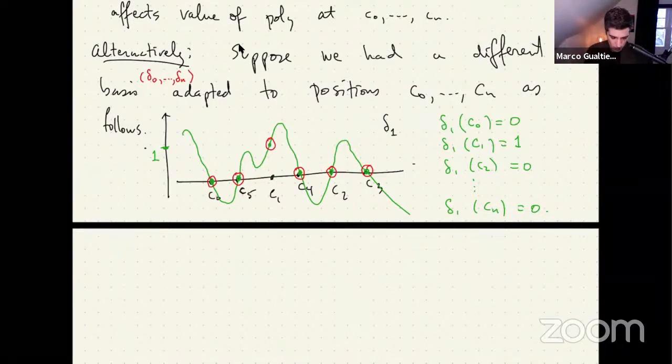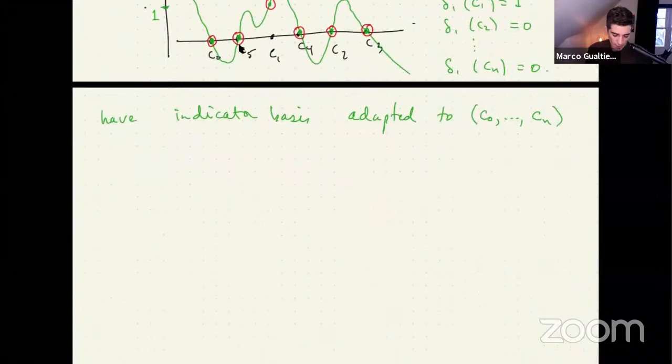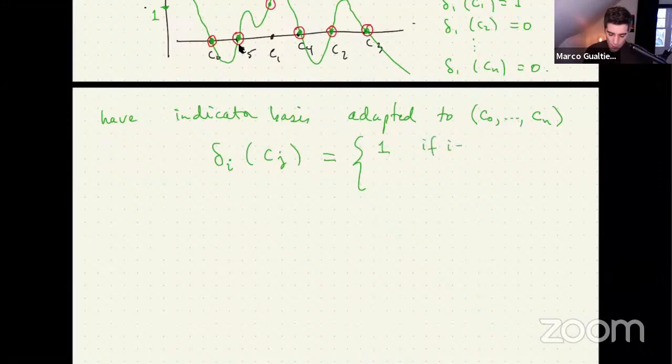Okay, so we have what's called an indicator basis adapted to the points C0 up to Cn, where delta i of Cj is equal to 1 if i is equal to j, and 0 else.